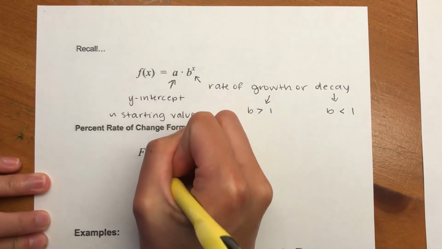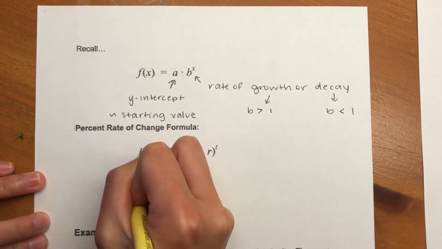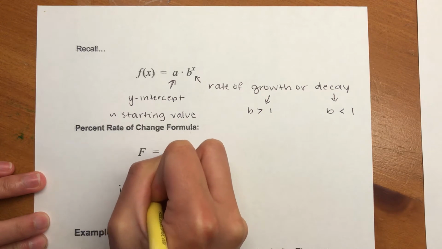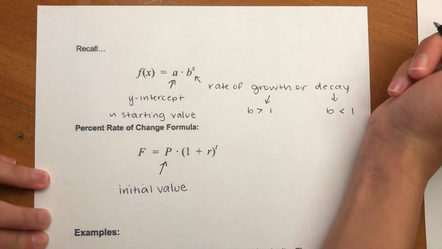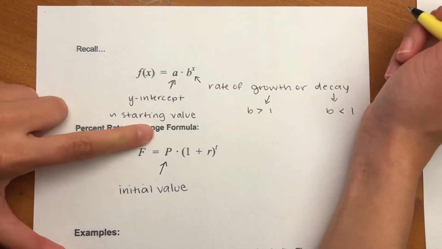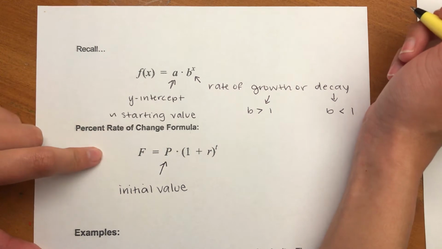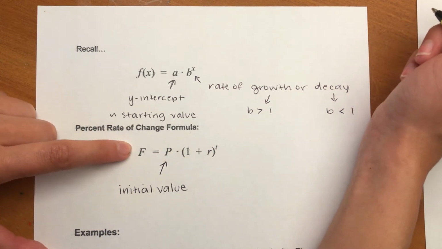So P here, that's our y-intercept still, or our initial value. So a lot of these problems are going to be talking about money. So if I buy something, then the initial value is whatever I spent on it, okay? F is representing our function and our output.